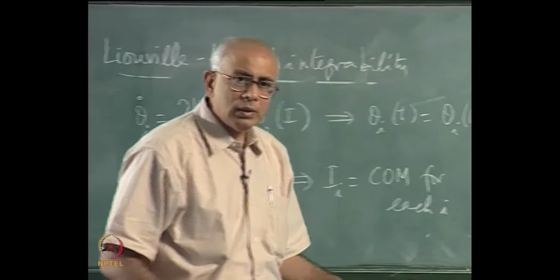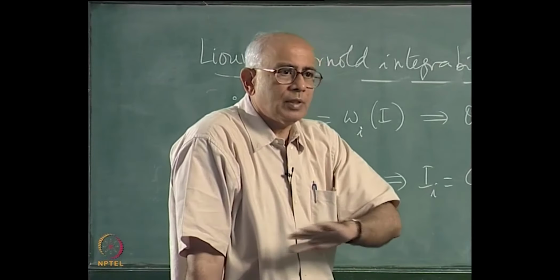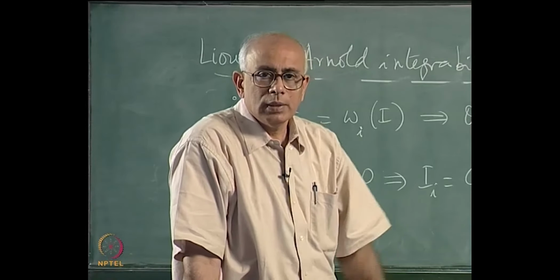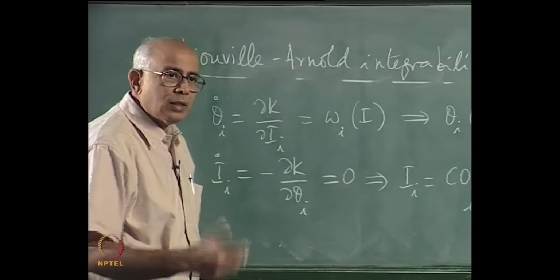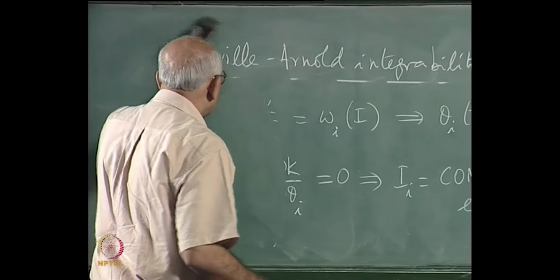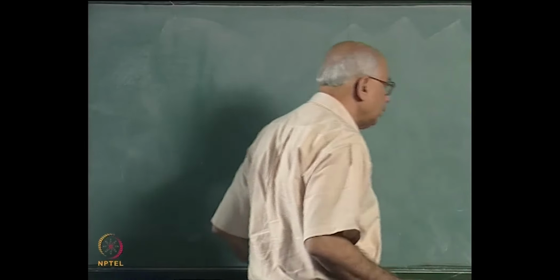We already saw that the flow itself was always along the level surface H equal to constant. Suppose I take two quantities A and B and take their Poisson bracket and ask, can I write that in compact form? And the answer is yes, and it is done in a very revealing form.